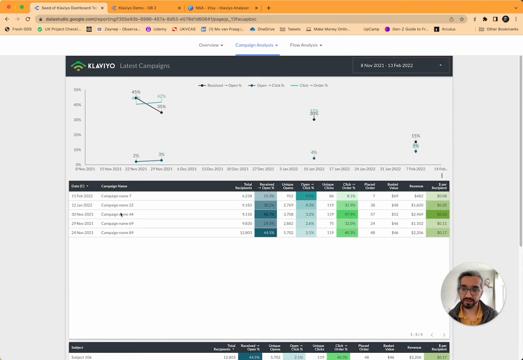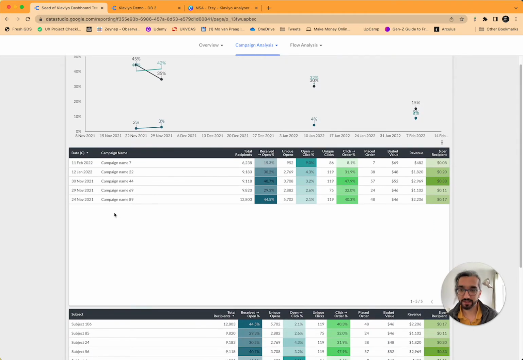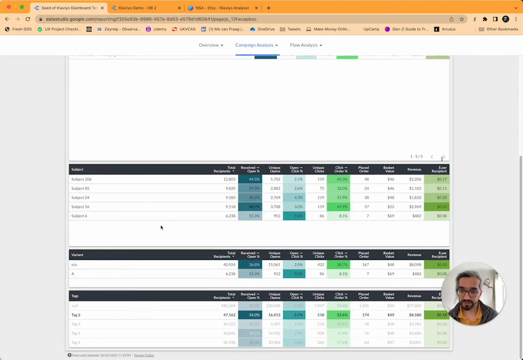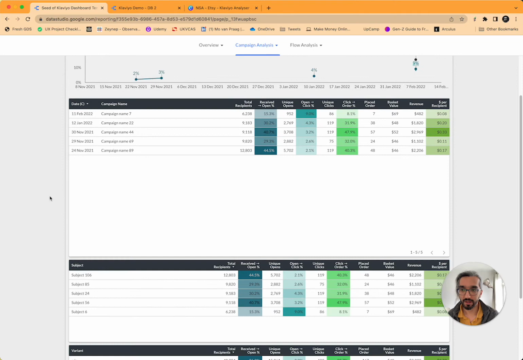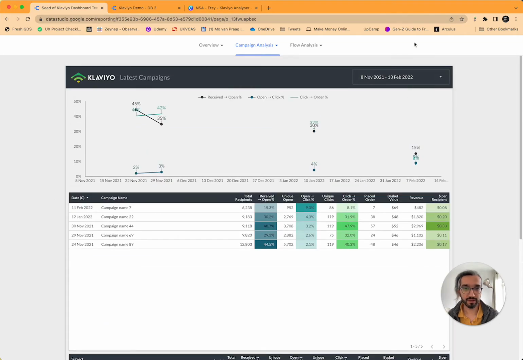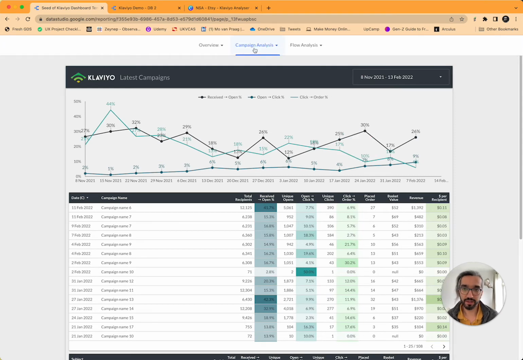So these are the campaigns under this tag. So you can see this tag's performance, and maybe you can tag the campaigns based on the performance. After resetting this page, let's move on to other pages.